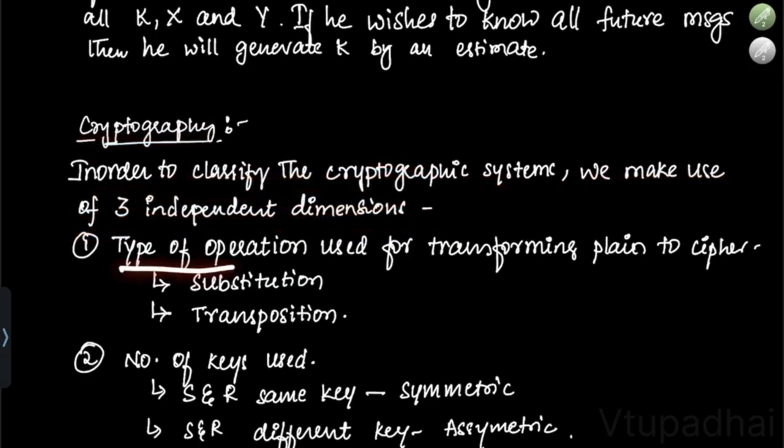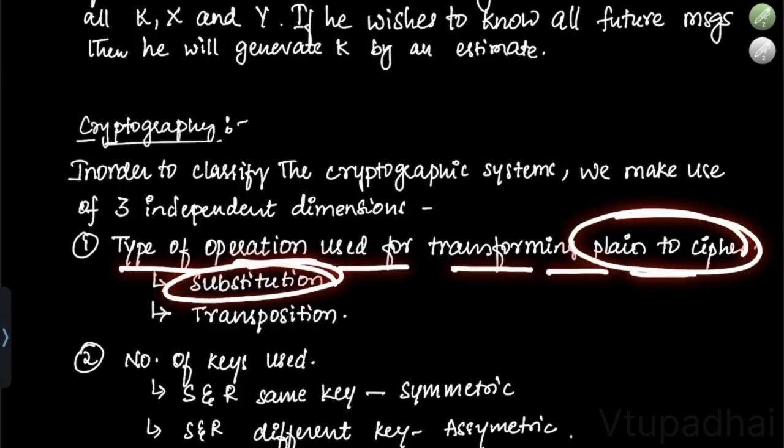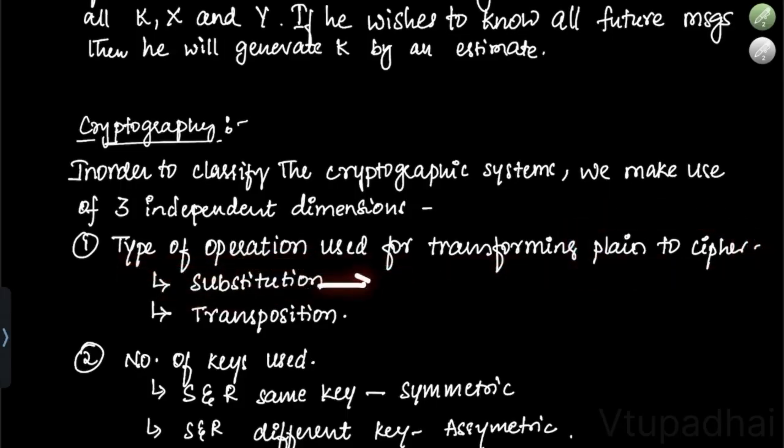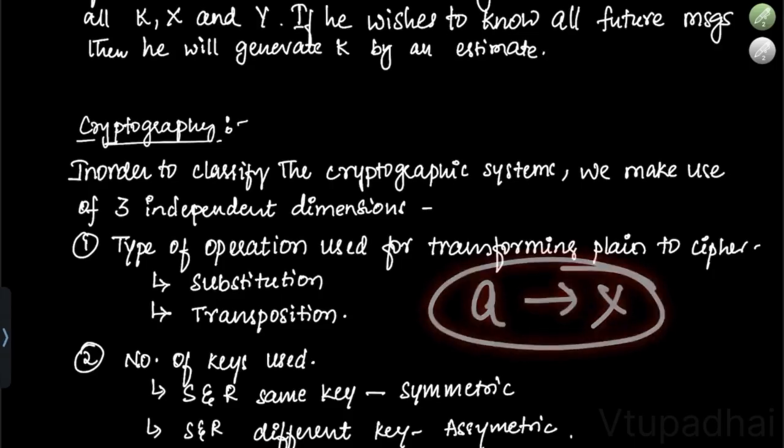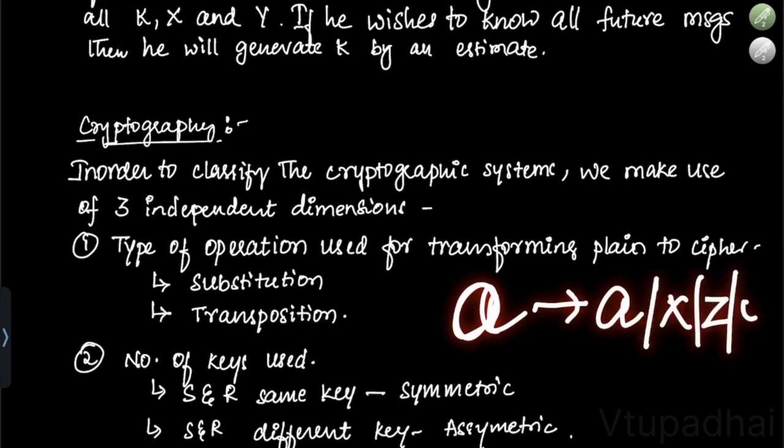First is the type of operation used for transforming plain text to ciphertext. First one is substitution. Substitution means you are replacing A by some other text. Suppose I am replacing A by X. So you are substituting a letter by some other letter or a digit or anything. That is called substitution.